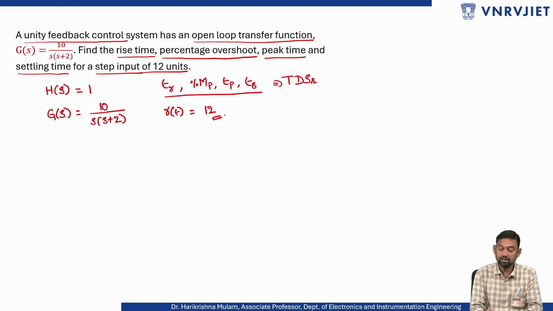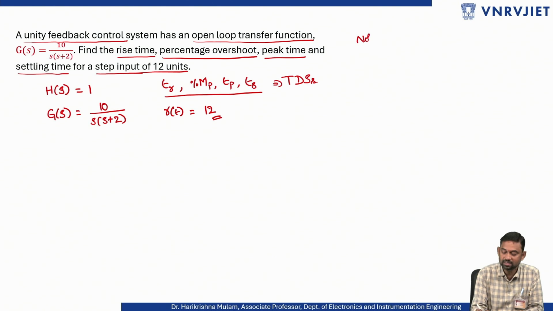Here, we need to make one important point. The formulas for rise time, peak time, settling time, and overshoot are derived by considering a unit step input. But if you derive these time domain specifications for a step input of magnitude A, here it is 12, even then the formulas remain the same.